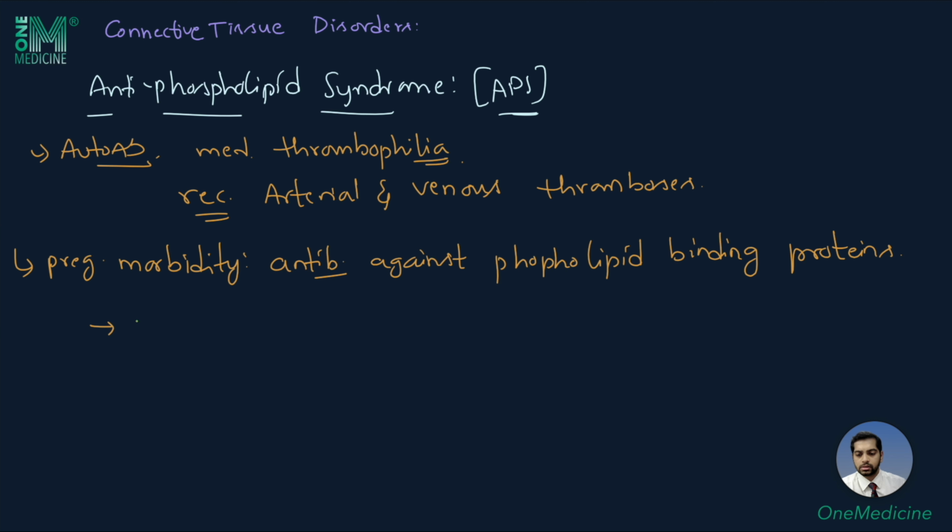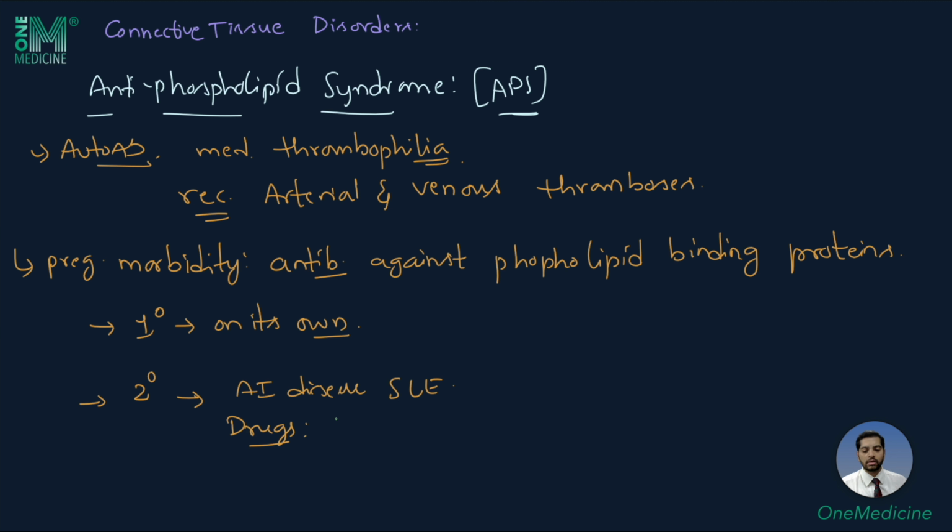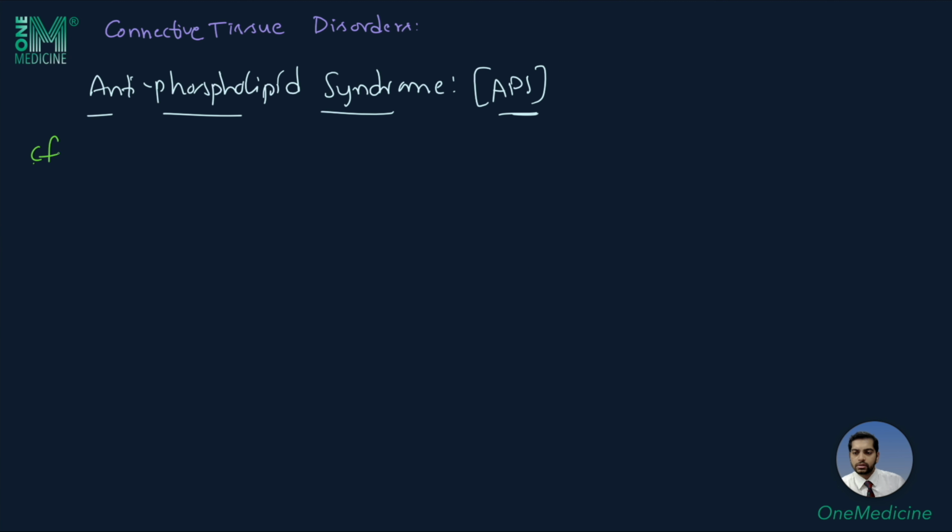This can be classified into primary or secondary antiphospholipid syndrome. Primary is when it occurs on its own, while secondary is when it is associated with any other autoimmune disease such as SLE. There can also be drugs which can induce antiphospholipid syndromes. Clinical features include recurrent arterial and venous thrombosis.